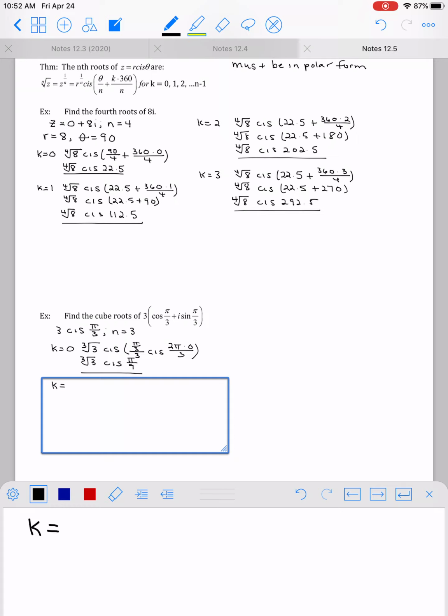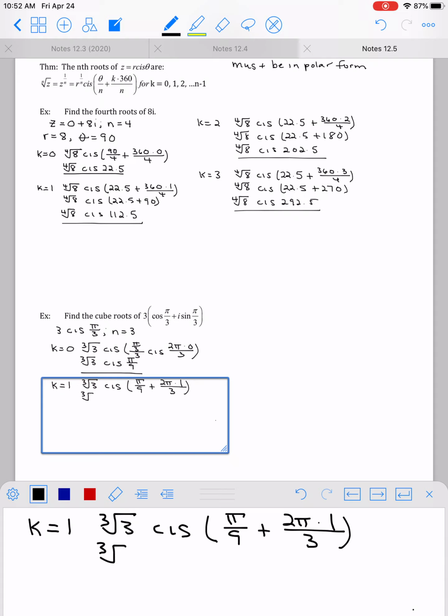Now if we do k equals 1, that's cube root of 3 cis. And remember, I don't have to repeat it. I'm going to carry the pi over 9. Then plus 2 pi times 1, all over 3. So now I'm going to add 2 pi over 3 to pi over 9. So pi over 9 plus 2 pi over 3.